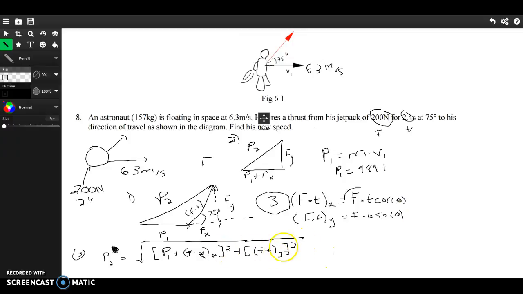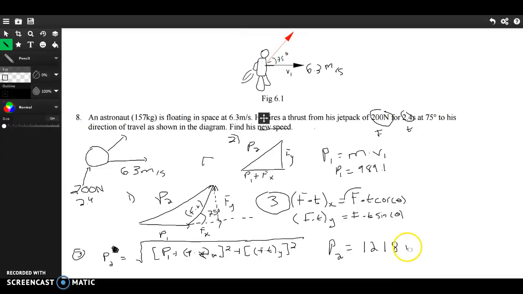And then you're going to want to add those two together, and then square root the entire thing. And from that, we will get that P2 is equal to something around 1218 as your momentum. All right, 1218. So that would be newtons times seconds.